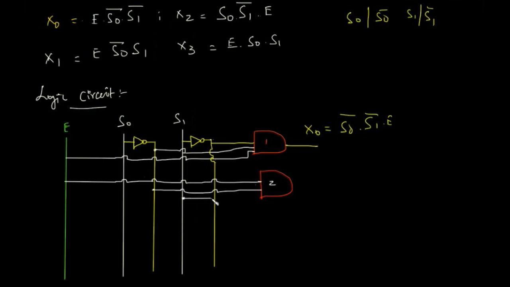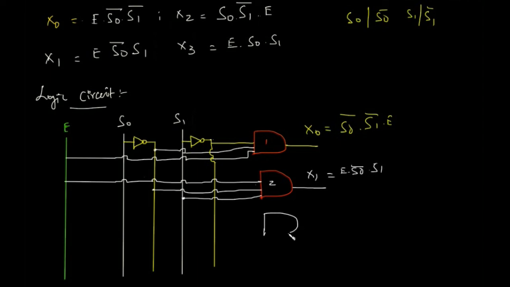And the last one will be S1. Take an input from the high signal wire, not the low signal wire, right? So this is X1. X1 is nothing but E dot S0 low and S1 high.